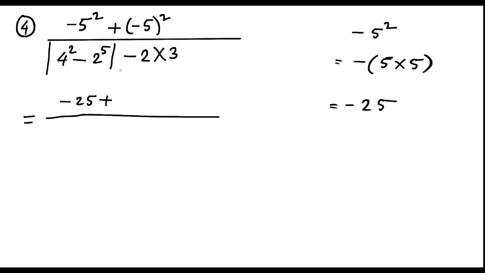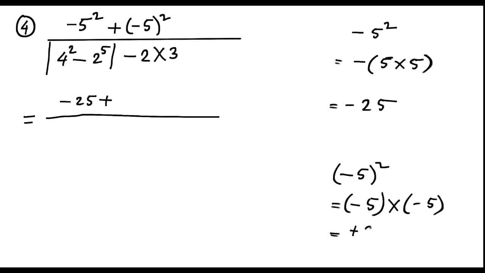Now this plus will remain plus. Now this one, negative 5 whole square. That means this negative 5 will come twice. Negative 5 multiplied by negative 5. So now it will become positive 25. Okay, it will not be negative.